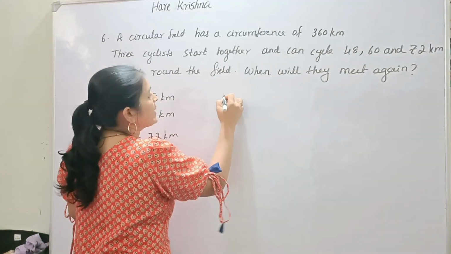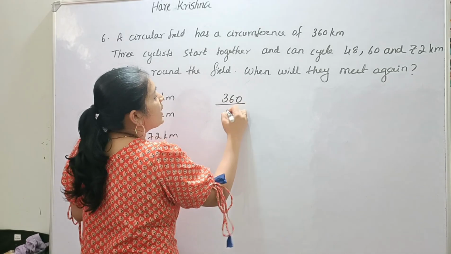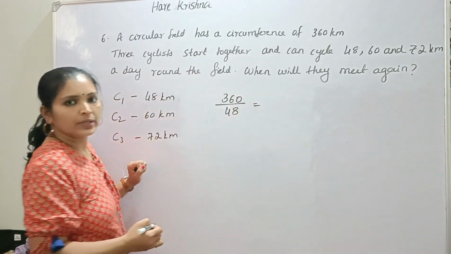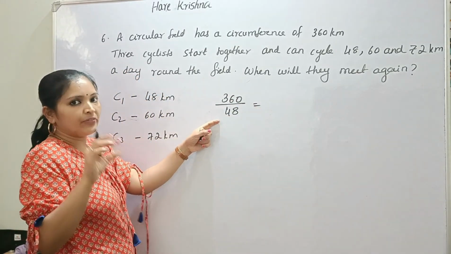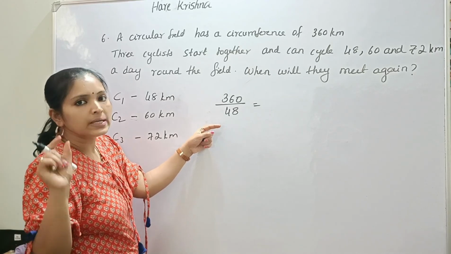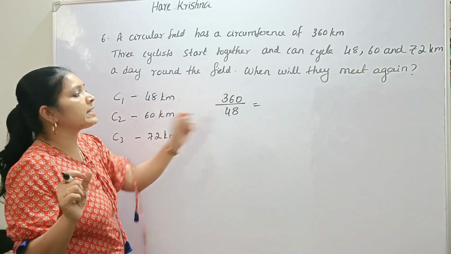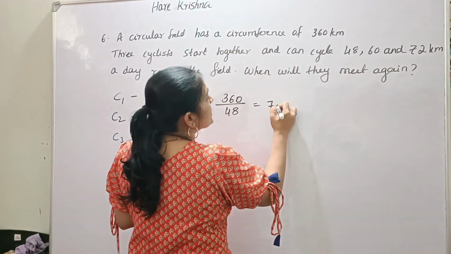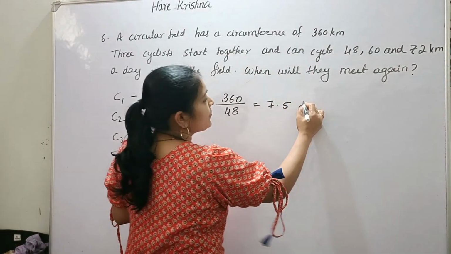So how many days? That is 360 divided by 48. So 360 divided by 48 is 7.5 days.